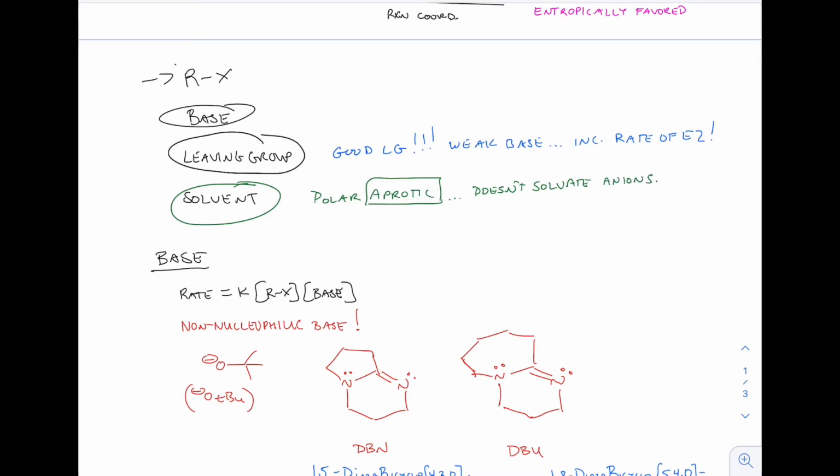And so if we're using negatively charged bases like tert-butoxide or hydroxide, if they're not solvated well, then it's just a naked negative charge and it's highly reactive. And so very much just wants to swoop on a proton to stabilize that charge. Okay, so again, if the base is more reactive, then the rate of the reaction is going to be faster.